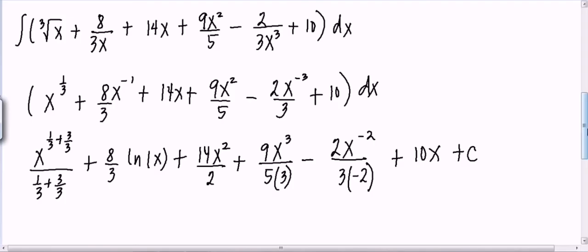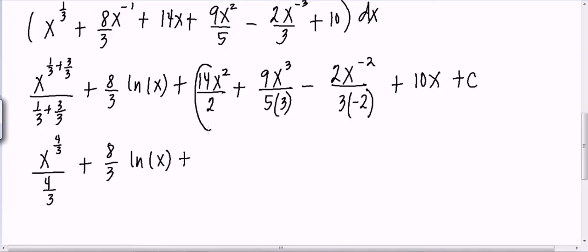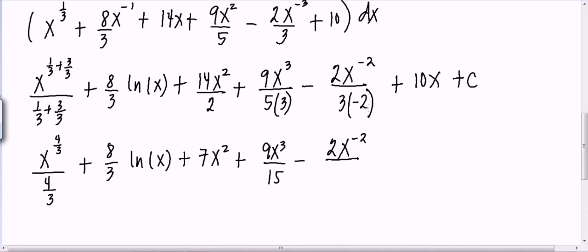Plus c. Ayan. Okay? So, this one would be x raised to 4/3 over 4/3 plus, ito okay na to 8/3 ln x. Okay? Plus, so 14 divided by 2 is 7x squared plus, so 9x cubed over 15. Okay? So, 5 times 3 is 15. Minus, okay, 2x raised to negative 2 over 3 times negative 2 is negative 6.